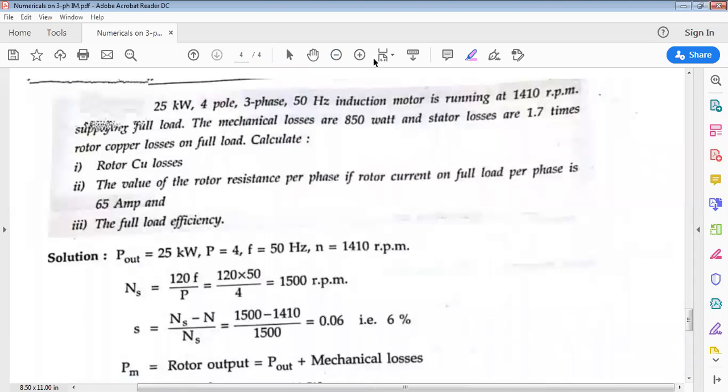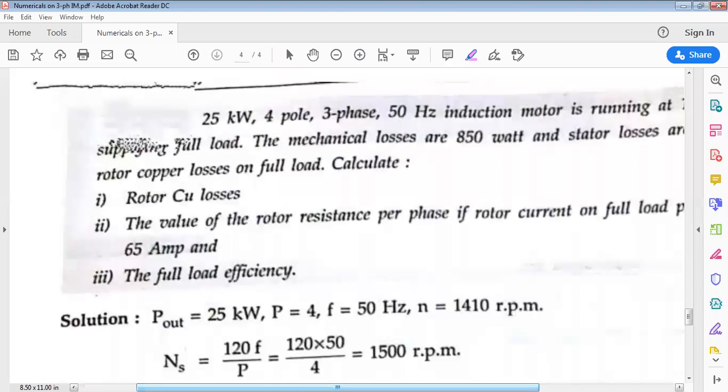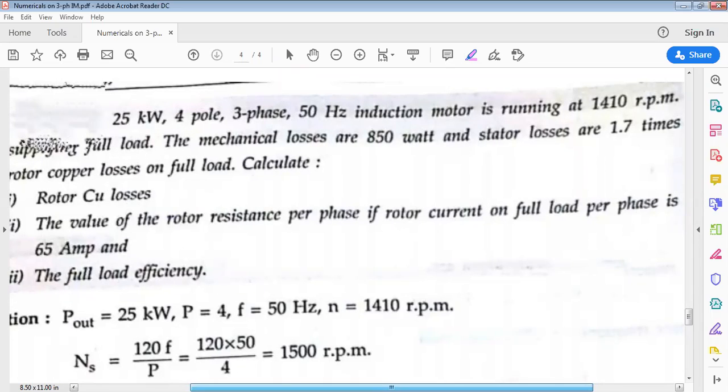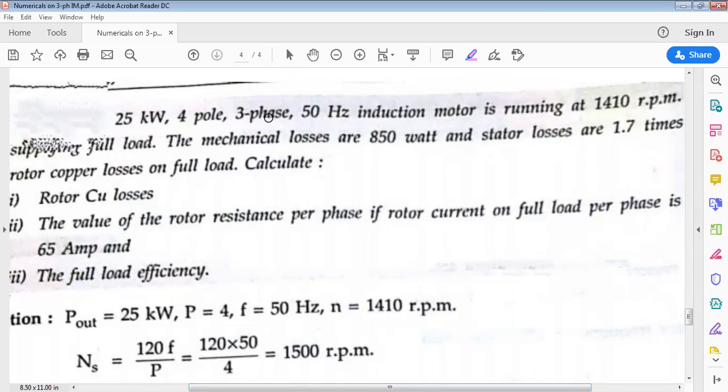Read it. 75 kilowatt, 4 pole, 3 phase, 50 hertz induction motor. What is the 75 kilowatt you will consider, input or output? It's a kilowatt, means it's active power.